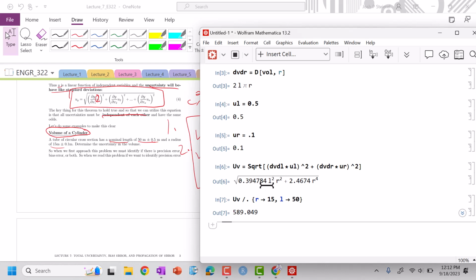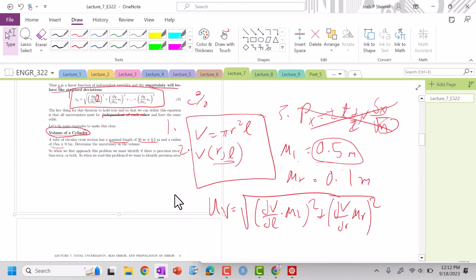What are the units here? Basically r to the fourth. What is the volume here? What will be my requisite value once I have my uncertainty?